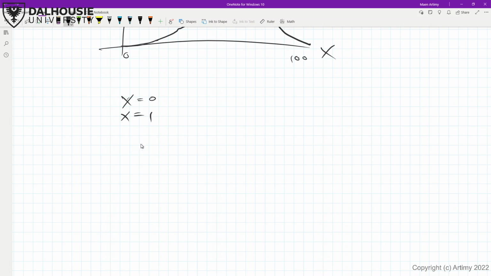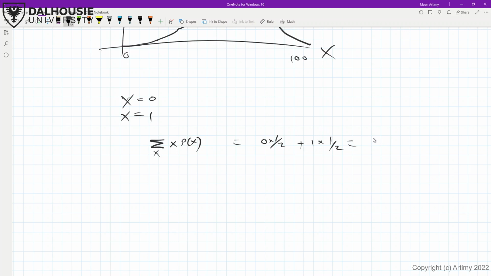So now if I want to find the average, the average will be X multiplied by its probability for all x's. So this will be 0 multiplied by half, plus 1 multiplied by half as well.